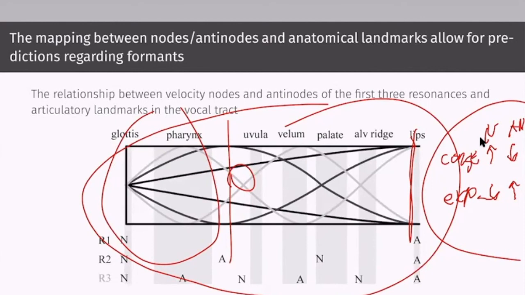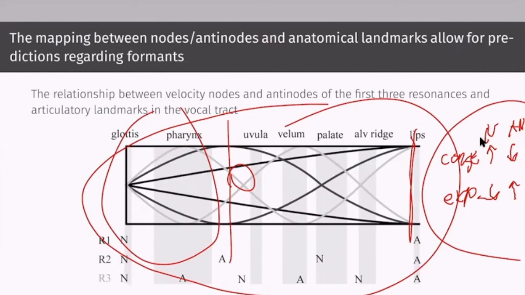So what happens to a formant? What is going to happen to the formant called F1 when I make a constriction at my lips? This is a constriction at an antinode.